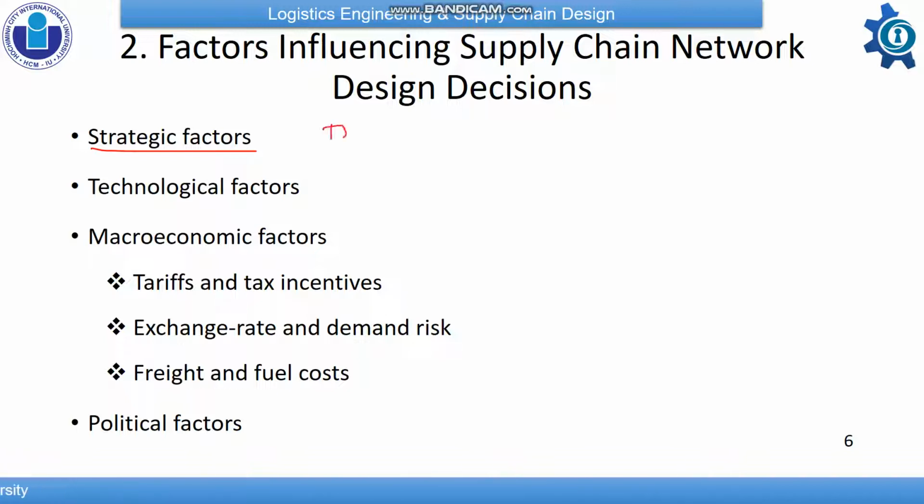Supermarkets can also be an example, because we don't have many warehouse clubs here in Vietnam.